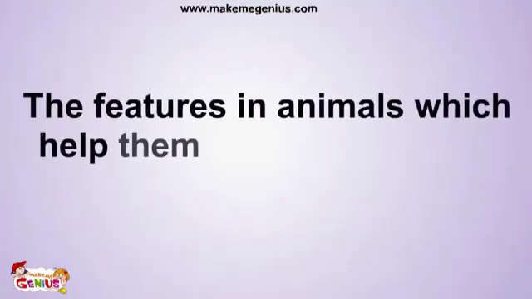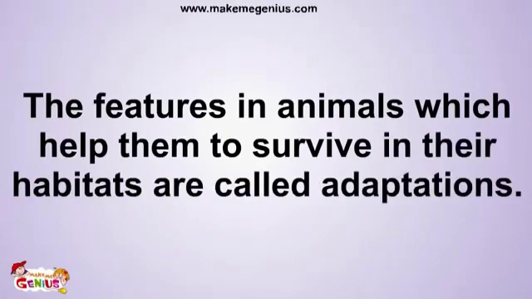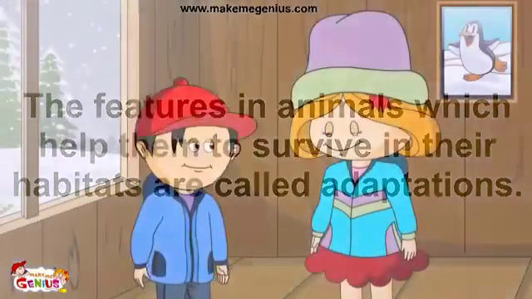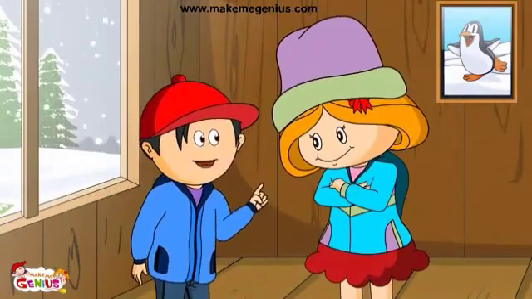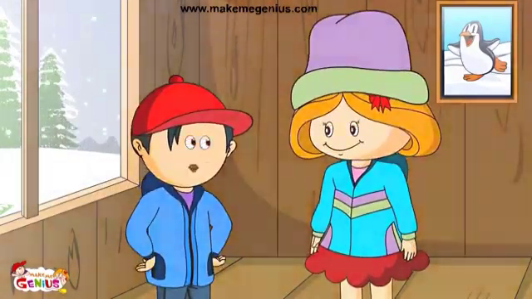Yes, they have features in their bodies that make them survive in cold climates. The features in animals that help them to survive in their respective habitats are called adaptation. Can you tell me about features of animals who live in deserts? I mean adaptation.